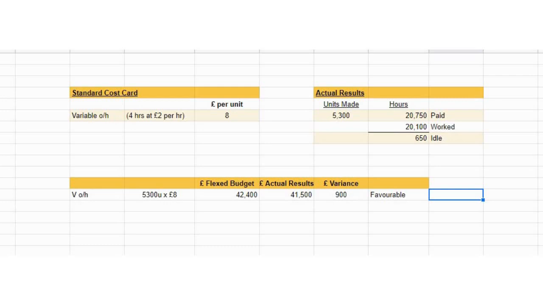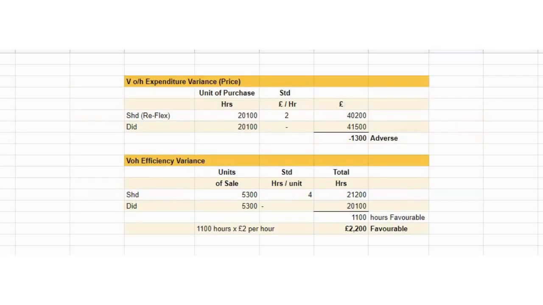Similar to labour hours, the unit of purchase for variable overheads is hours. Here we put in the variable overhead rate of £2 per hour to give what should have been expected, £40,200 for the number of hours used.